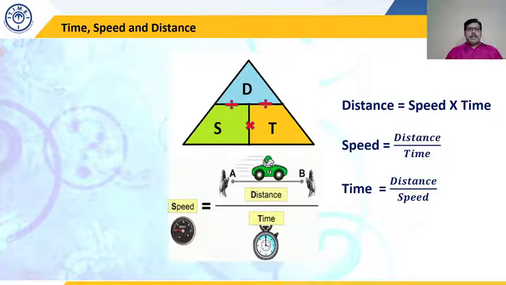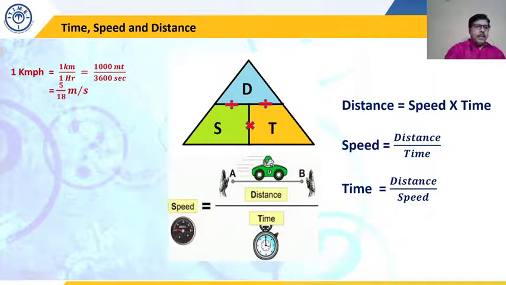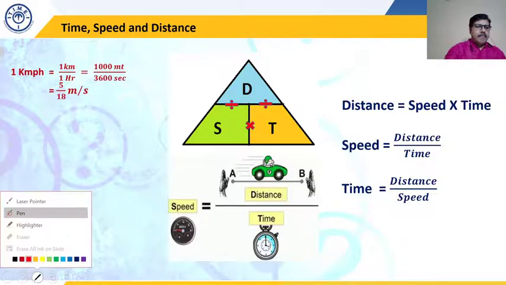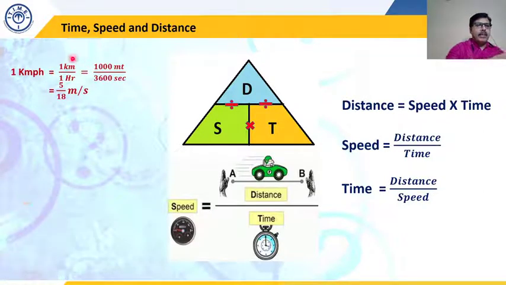If I say 1 kilometer per hour, it is 1 kilometer divided by 1 hour. 1 kilometer means 1000 meter, divided by 3600 second. If you cancel out 1000 and 3600, it turns out to be 5 by 18 meter per second. So can I say 1 kilometer per hour is as good as 5 by 18 meter per second?